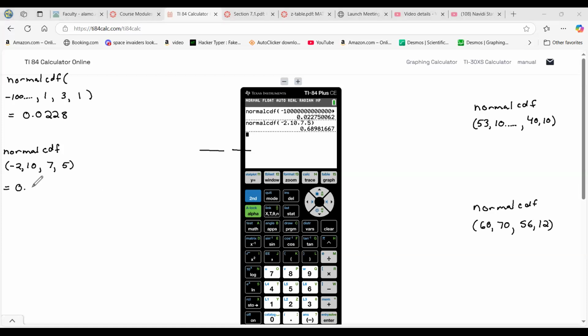And that's going to be 0.68, or if we round it to 4 places, 0.6898. So as a reminder, the first one was the area that is essentially less than 1, so the probability that x is less than 1. This was the probability that x was between -2 and 10.